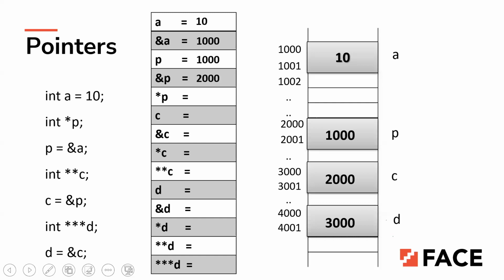What is star P? Value at 1,000. That is 10. Good, Raja Kumar. Good, Ritu. What about C? Address of P, that is 2,000. Very good. What is ampersand C?